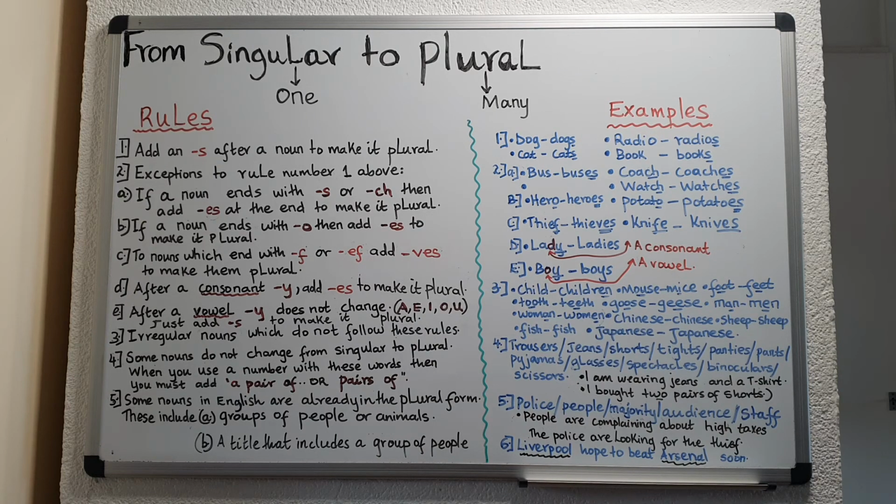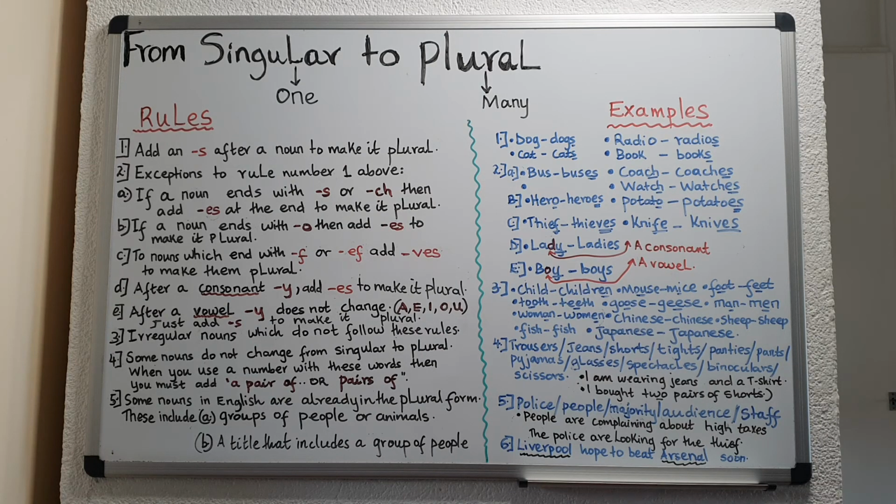Now, let us move on to rule number 4. Some nouns do not change from singular to plural. When you use a number with these nouns, then you must add a pair of or pairs of. So we do have some other nouns that do not change, whether it's singular or plural.